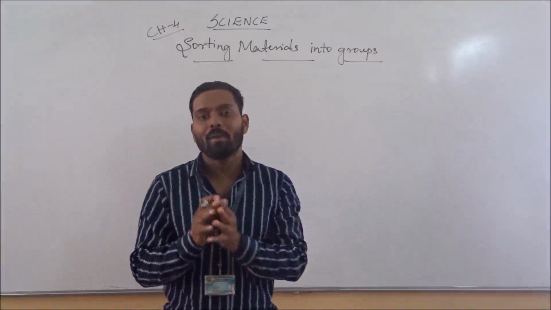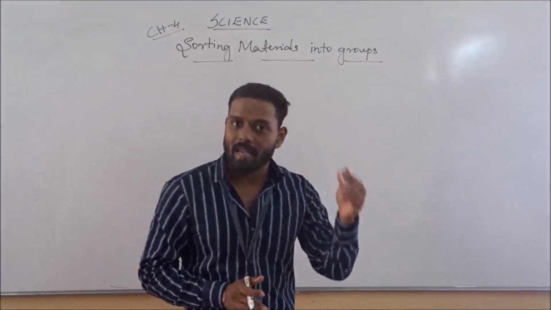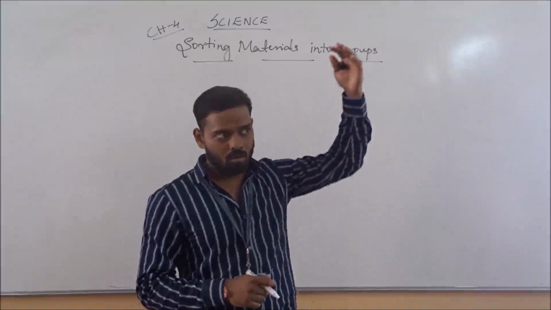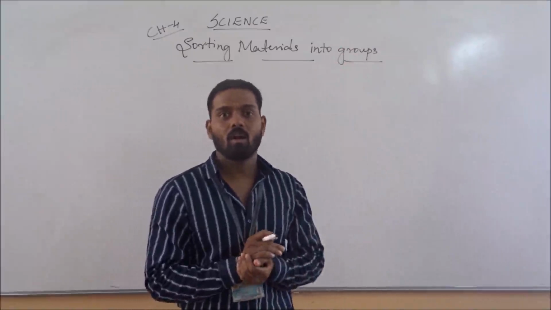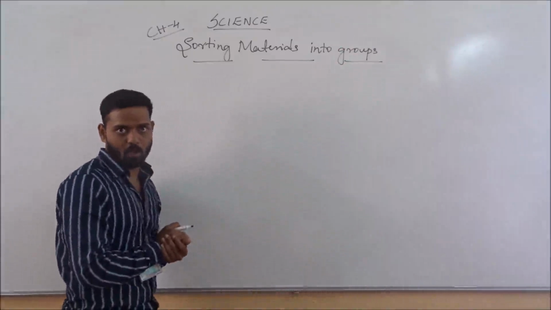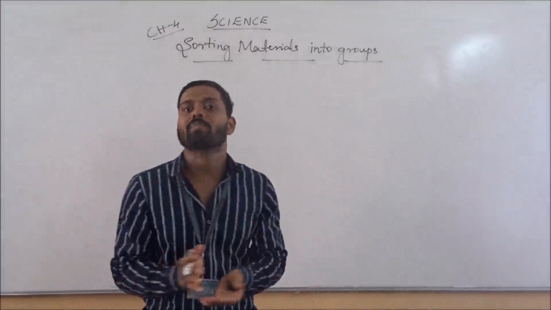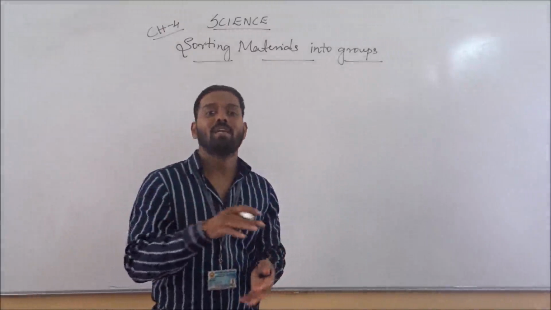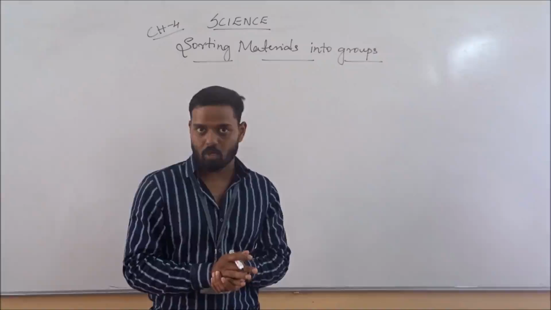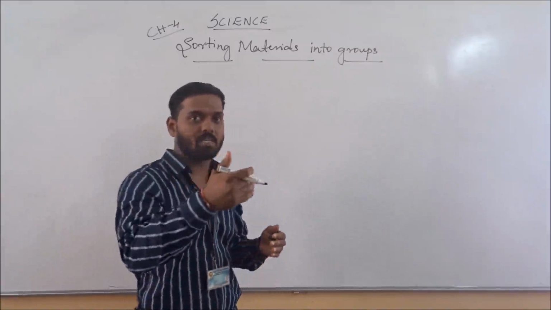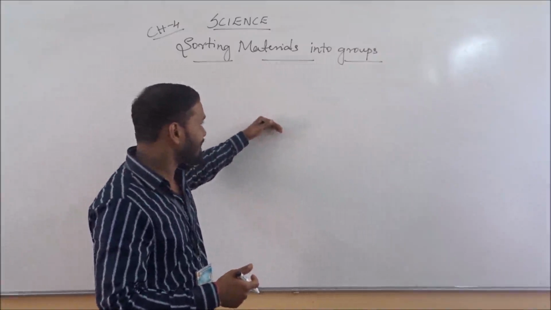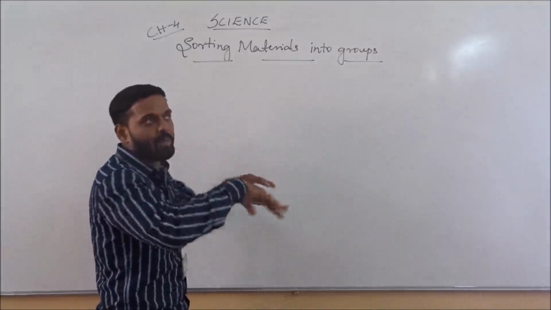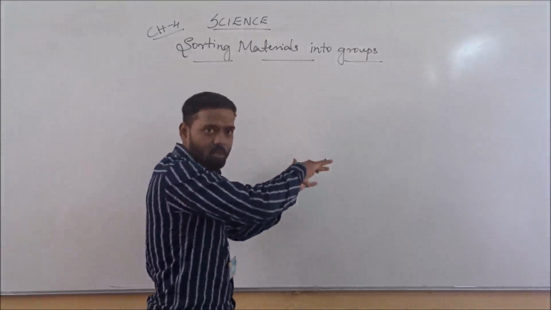These objects and materials, based on certain characteristics, properties, behavior and nature, we are going to make into groups, because for the huge number of things present in our surroundings, if you want to study them, we require classification. In classification, based on similar characteristics or properties we make one group, and based on other similarities I will make another group, like that.